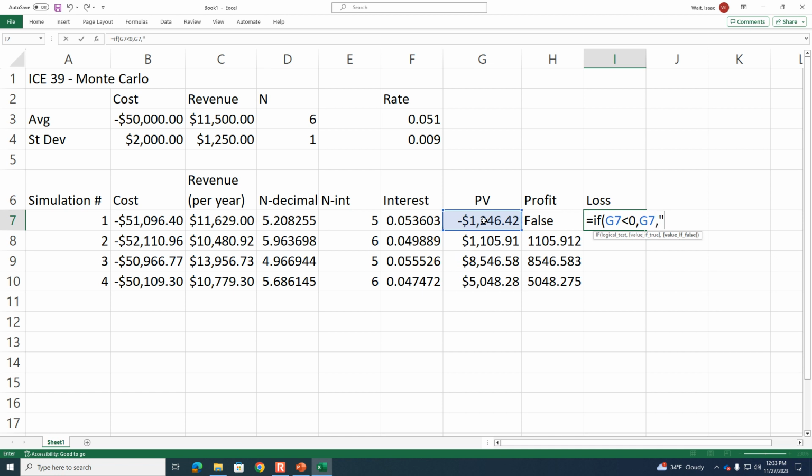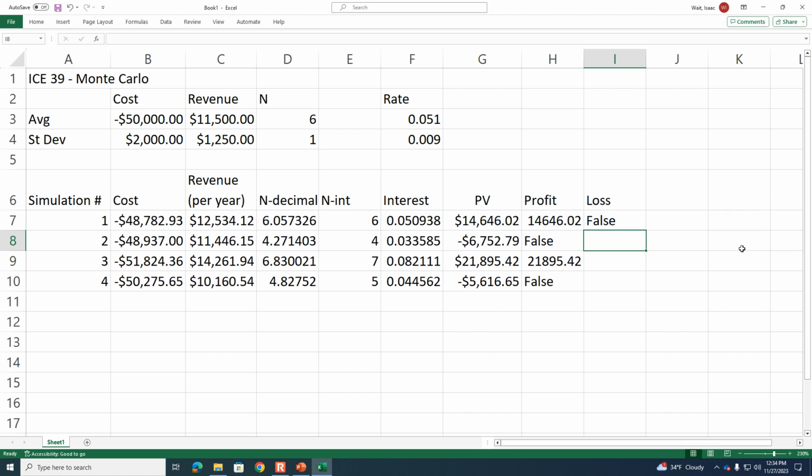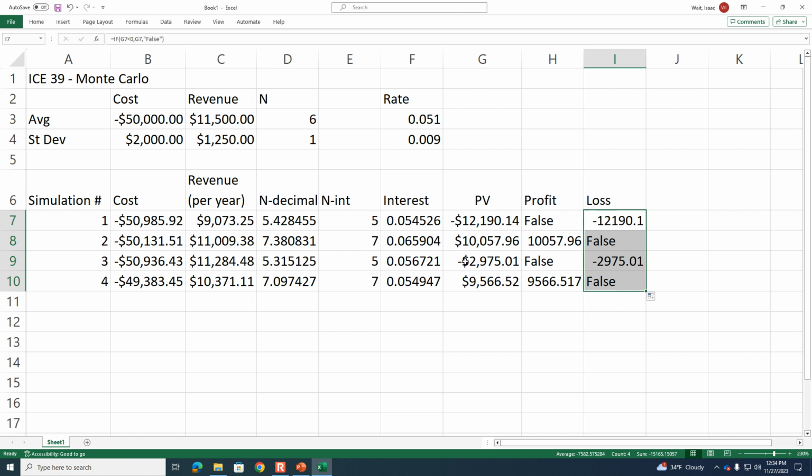Otherwise, report false. Now, you'll notice that $0 is excluded. So if we happen to have a simulation that is exactly $0, it's not going to be counted. But that's unlikely.